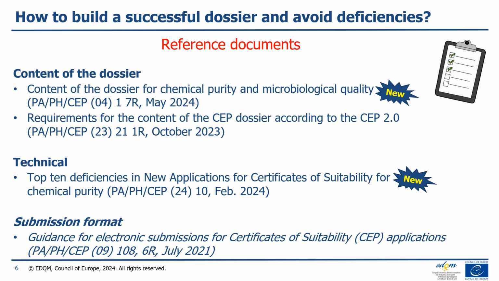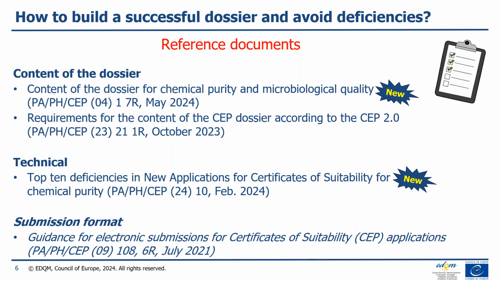So where to start? To build a successful dossier and avoid deficiencies, we recommend you take a look at a number of reference documents which are available on our website. The most important of them, the basic ones, are the ones you can see now on the screen.